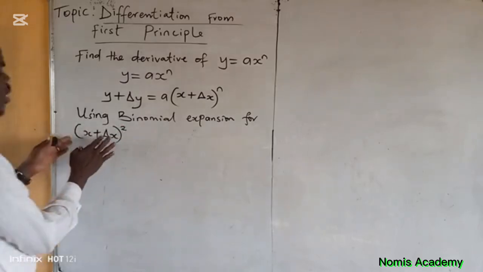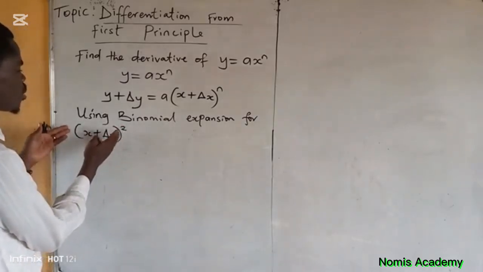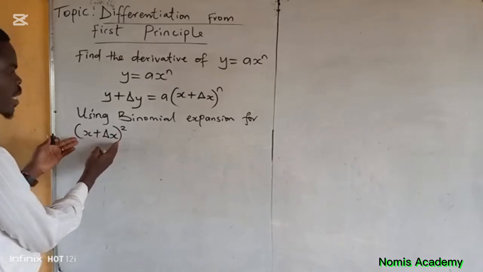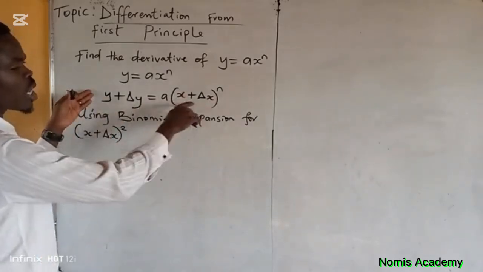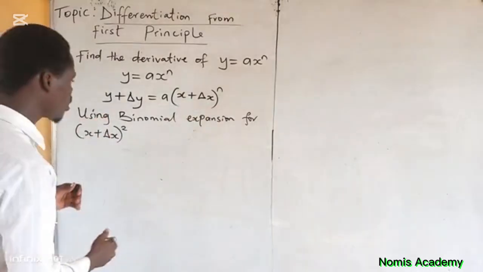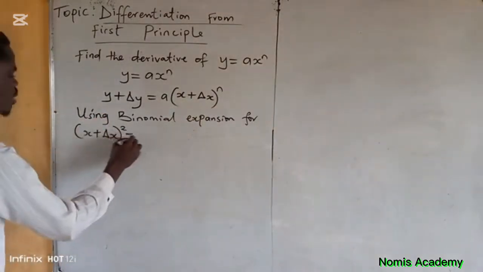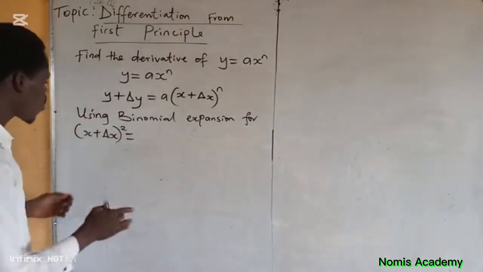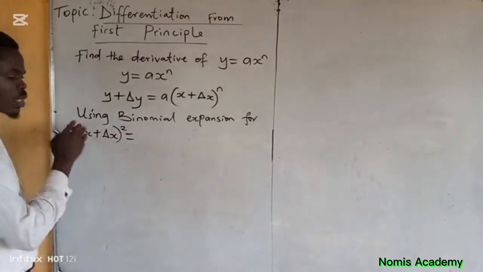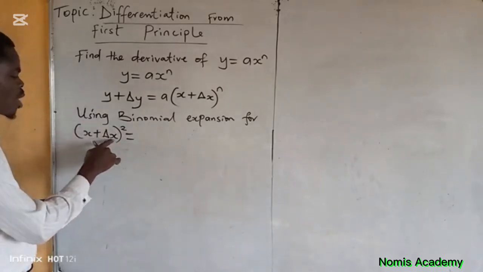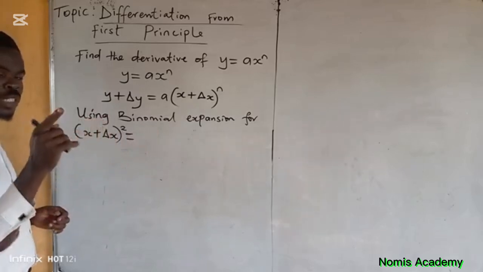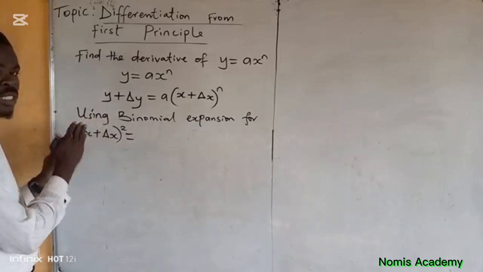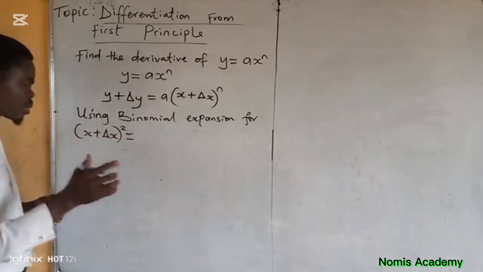When we are able to get the expansion for this bracket, then we can bring it back to the equation and continue the solution. The expansion for this: the power of x decreases while the power of delta x increases. And you should also always note the coefficient for each term.